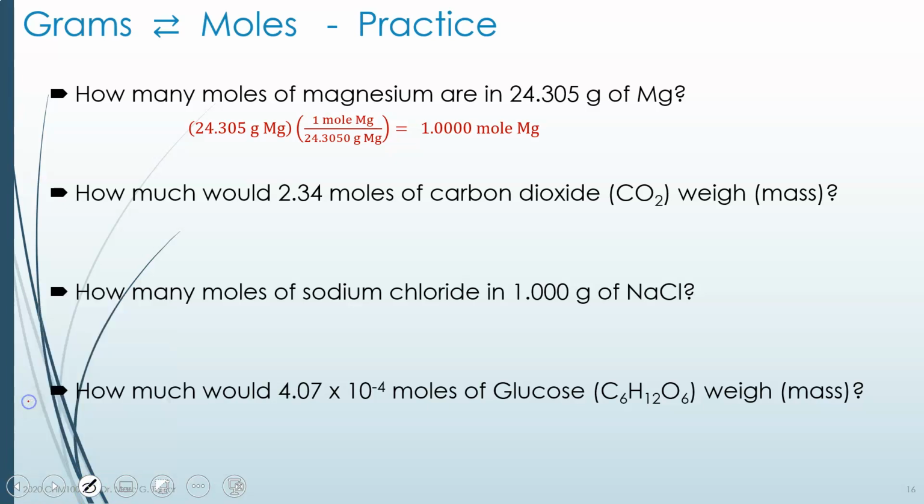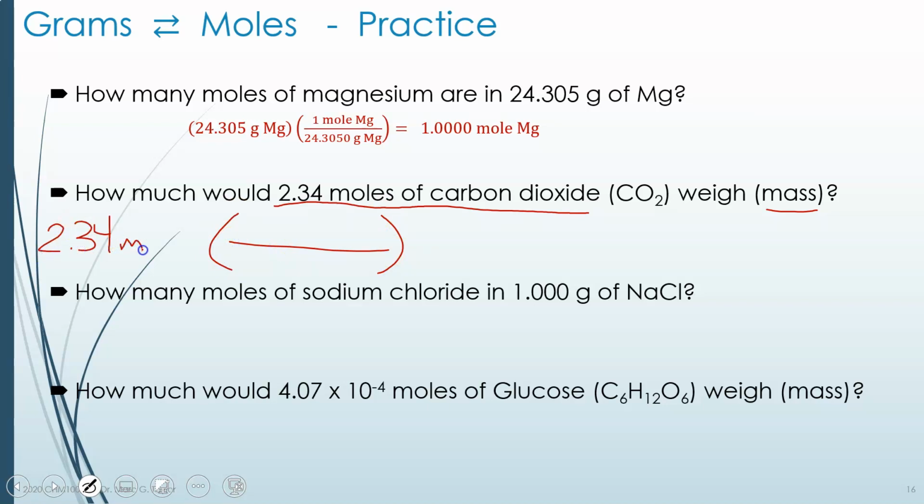So the other problems are essentially the same format, except you might reverse the conversion factor. Here, the second problem, we have 2.34 moles of carbon dioxide, CO2, and you're asked for the mass. So you always start with the thing you have, 2.34 moles of carbon dioxide. You build your conversion factor.